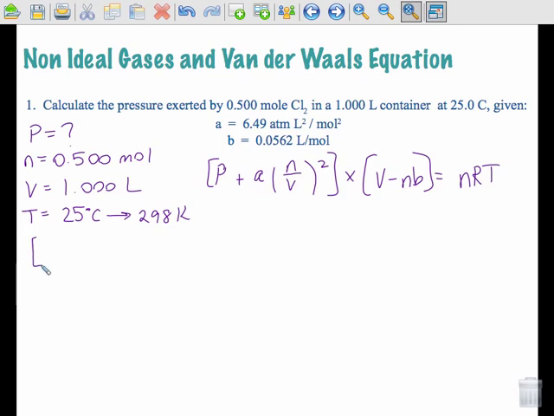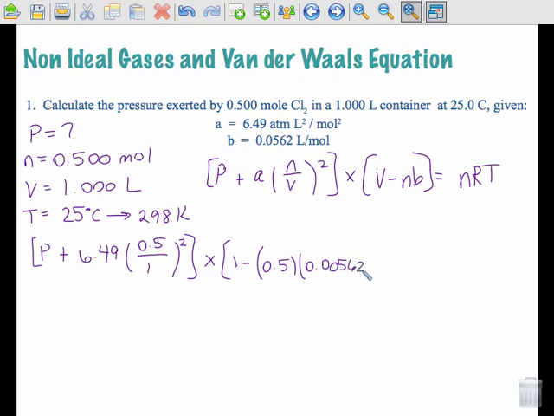So I'm just going to plug in all my variables. P is what I'm looking for, plus 6.49, which is my value of A, times 0.5, I'm just shortening all the givens, squared, close that bracket, times the value of the volume, which is 1, you just have 1 liter, minus n, again, the number of moles, and that's going to be times B, which again is given above, 0.00562, close that bracket.